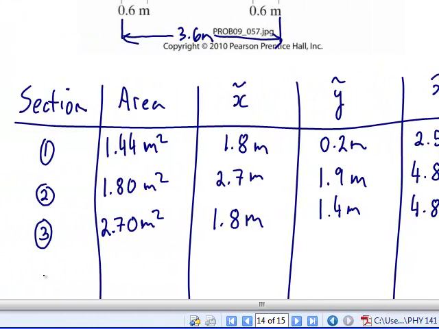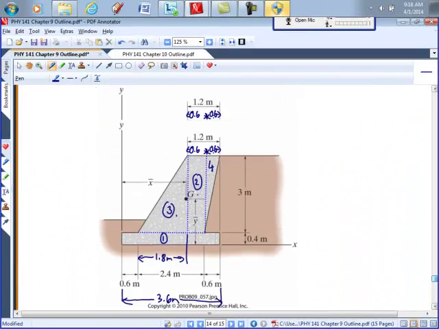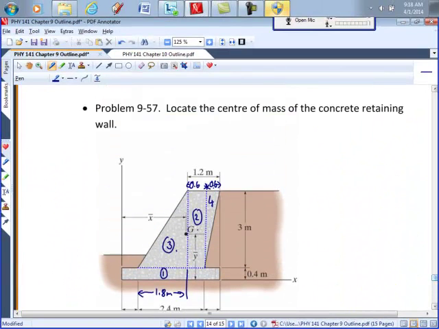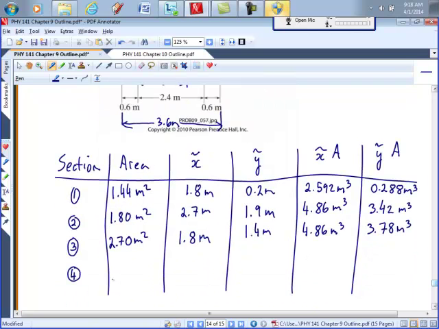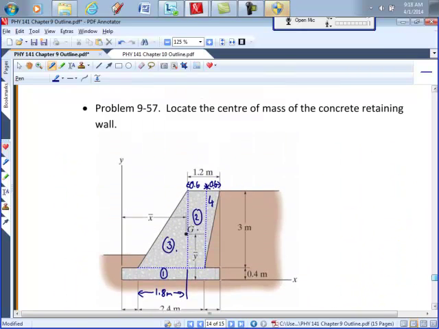Okay, one more triangle to go. So the skinny triangle, again, its area is 1/2 base times height. The base would be 0.6. The height is 3. So 1/2 base times height should be 0.9. The x tilde is going to be 1/3 of the distance across from the flat side of the rectangle.